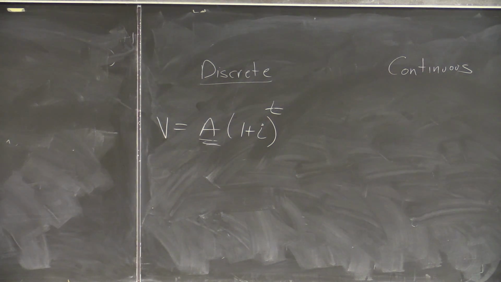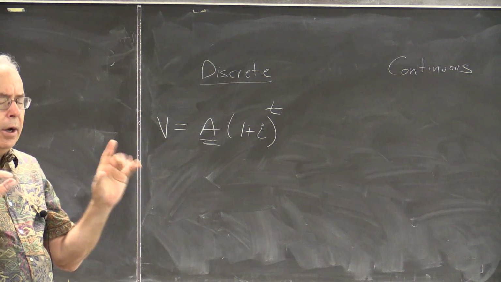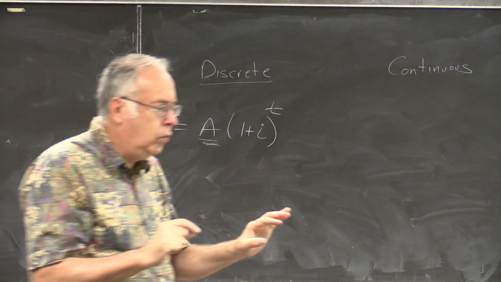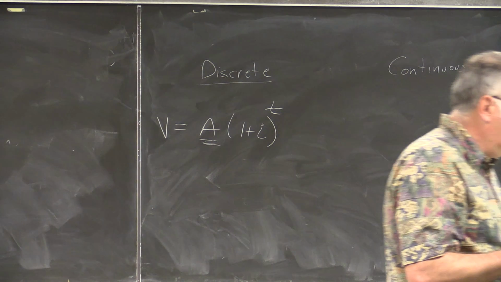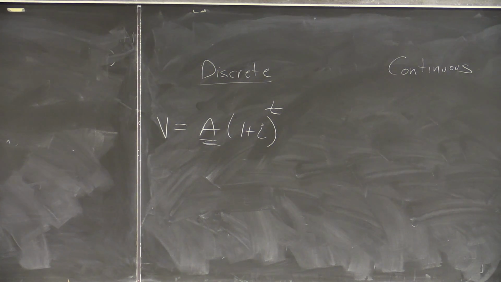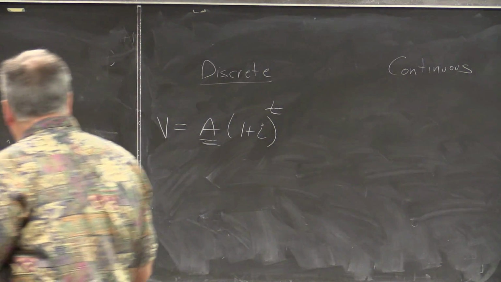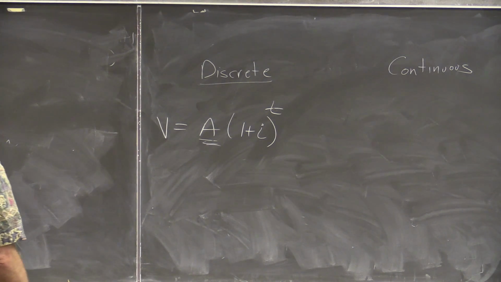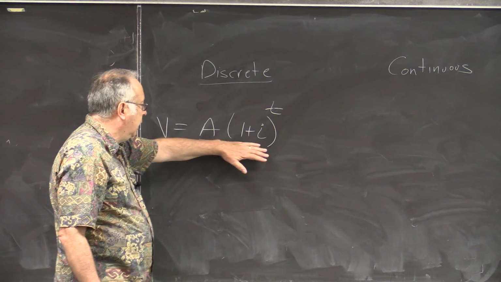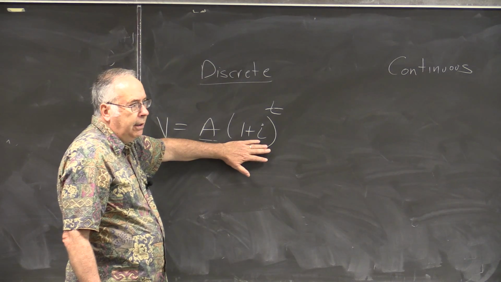Shouldn't we let it be 1 plus I over m to the mt? Because it's not an annual growth rate. We are assuming that the money is compounded annually. So we just use that. I is the annually compounded interest rate. Your money is compounded annually, so we don't have to divide by the m.